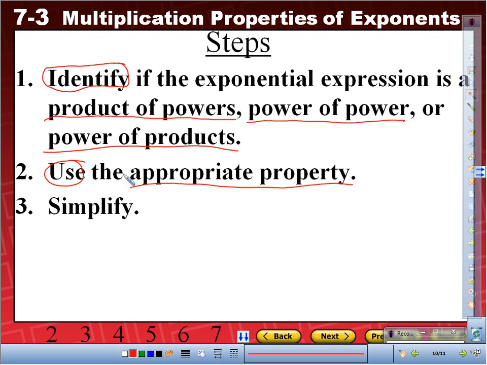And step 3, simplify. Once again, three steps. Identify if the exponential expression is a product of powers, power of power, or power of products. Step 2, use the appropriate property. And step 3, simplify.